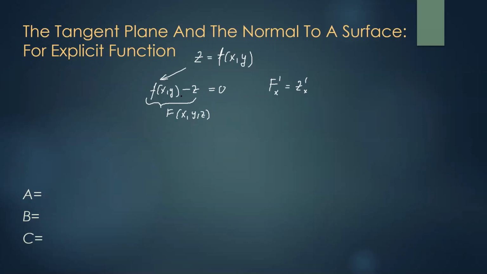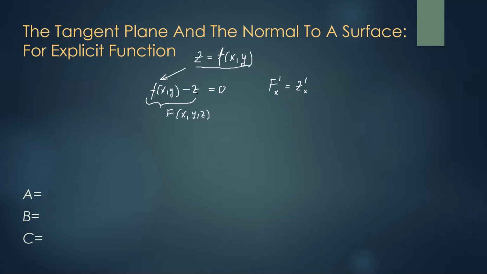So for implicit differentiation, we take partial derivatives by each variable separately. So we don't have to do anything else. We have it here. We differentiate it by x. That's it. Z derivative with respect to x.